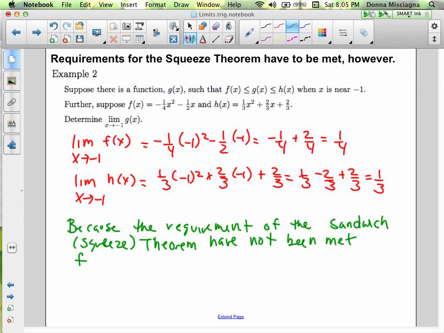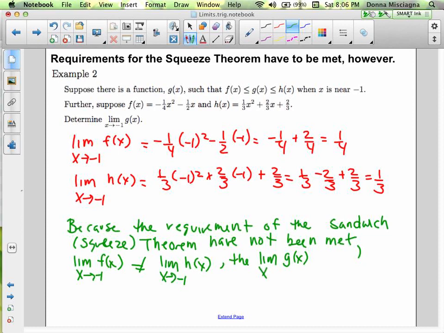In this case, the limit of f of x as x approaches -1 does not equal the limit of h of x as x approaches -1. The limit of g of x as x approaches -1 cannot be determined. It is not enough to just be between two other functions.